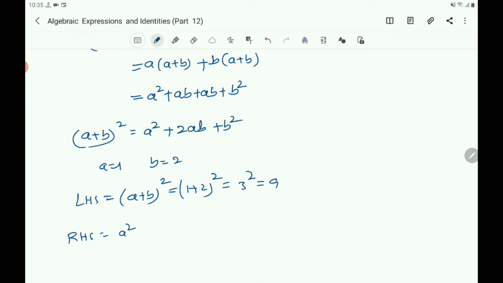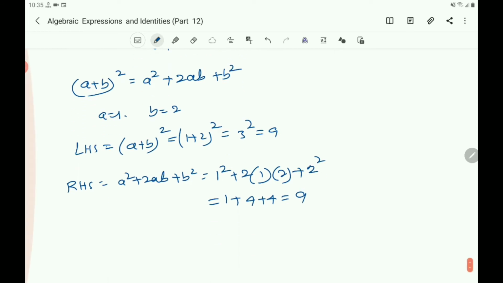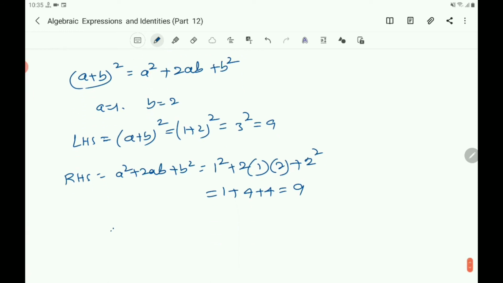RHS is a square plus 2ab plus b square, that equals 1 square plus 2 into 1 into 2 plus 2 square. So you will get 1 plus 4 plus 4, then you will get 9. So you got that a plus b whole square equals a square plus 2ab plus b square. Then you can exchange the values of a and b, then also you will get the same value. So it is an identity.